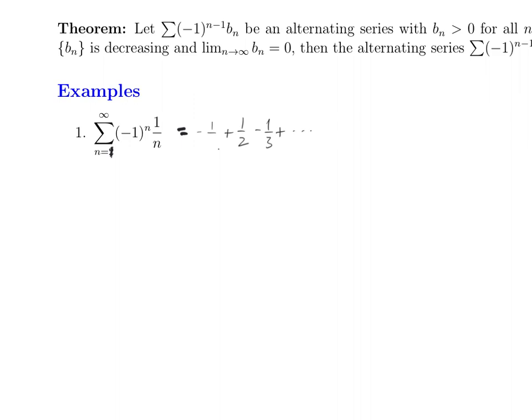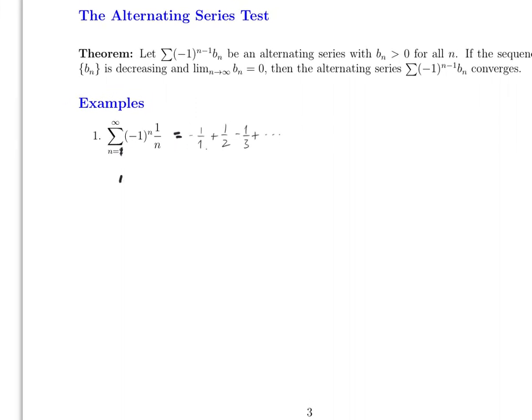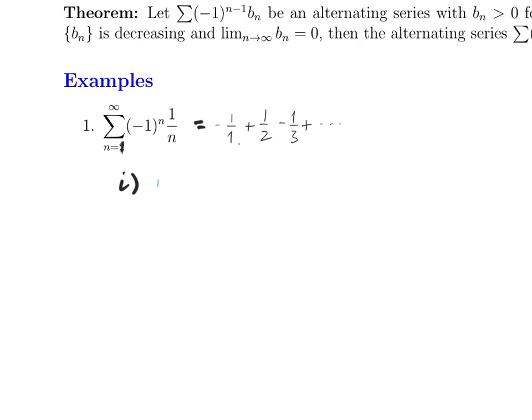In order to be convergent, you have to check two things. First, is the function decreasing? So you need bn to be decreasing.